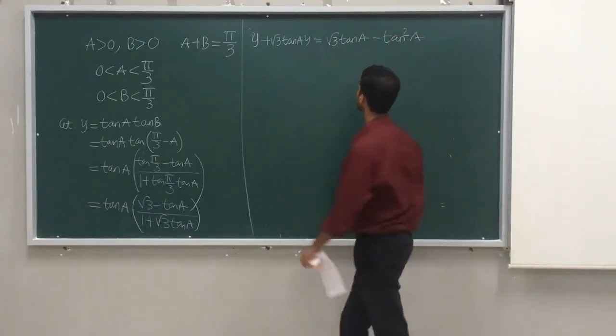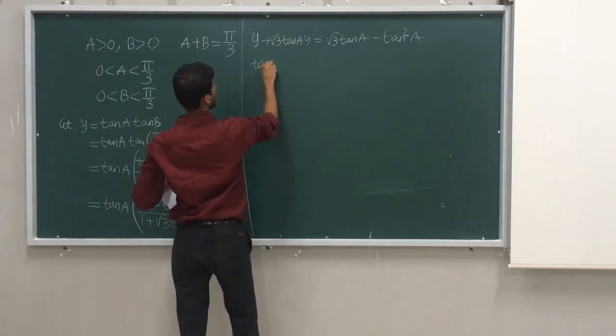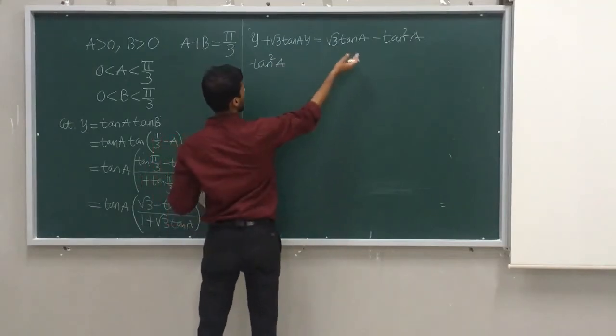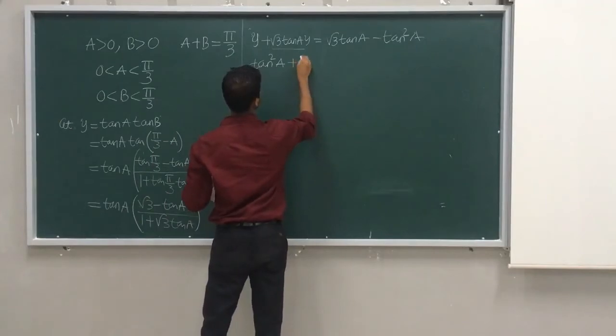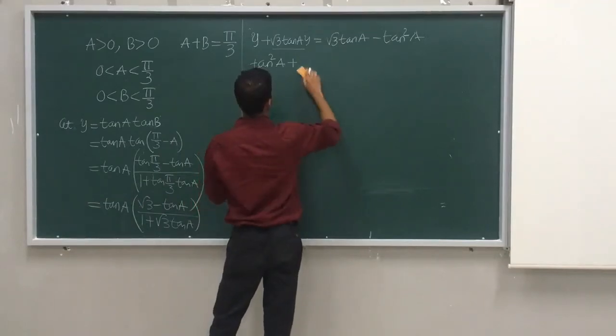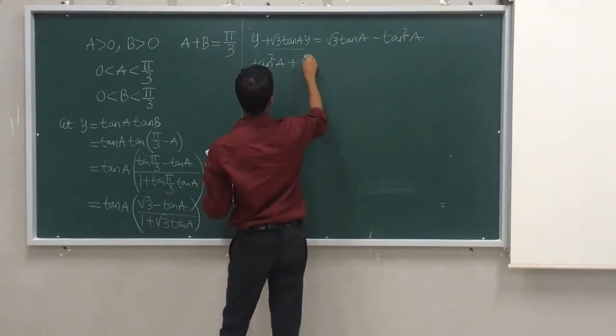Okay, so what I will do here is bring this to this side. This becomes tan square A. After this, for these two terms, I'll take tan A common.